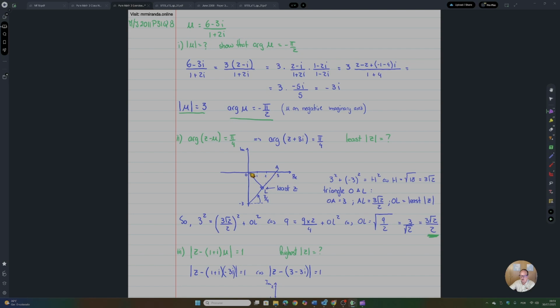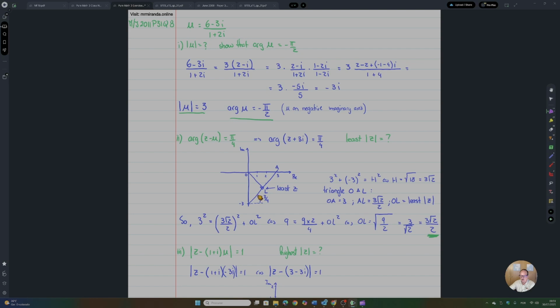For you to know this, you need to know this side over here, because you already know that this is 3. In order for you to know the size of this side, you first need to know the size of this one. And for that, you also use Pythagoras theorem, because you know that this is 3 and this is 3. By the way, how do you know that this is 3?